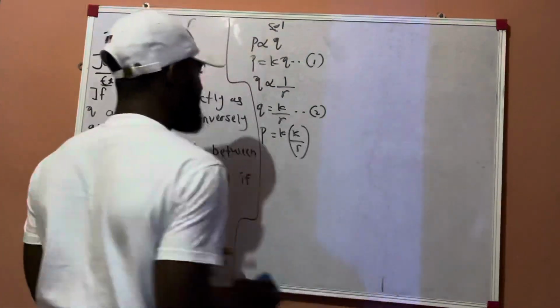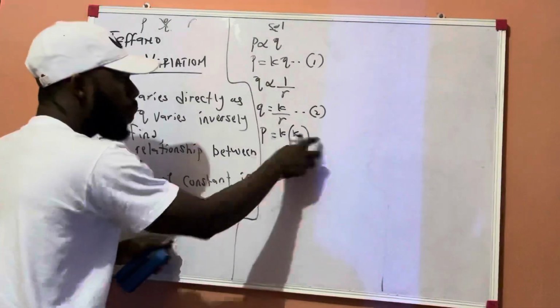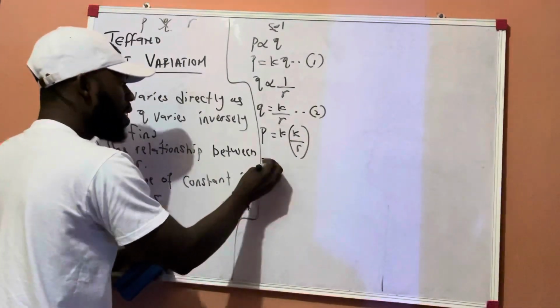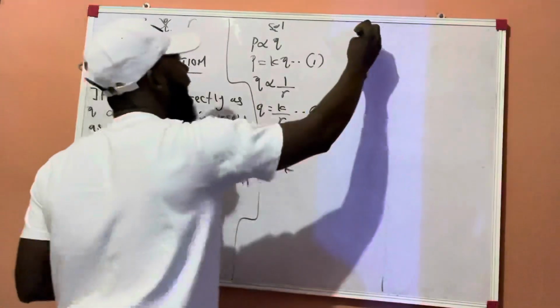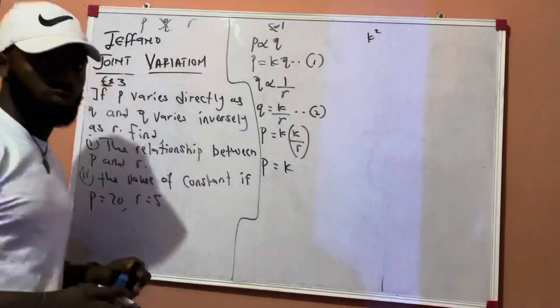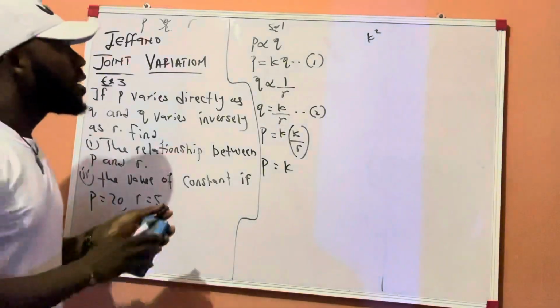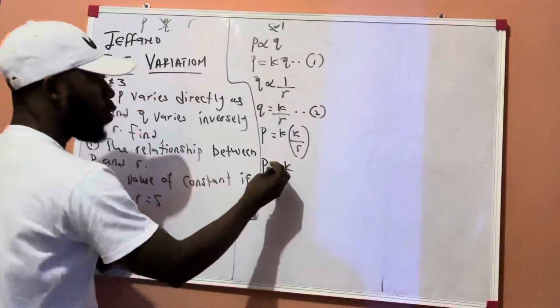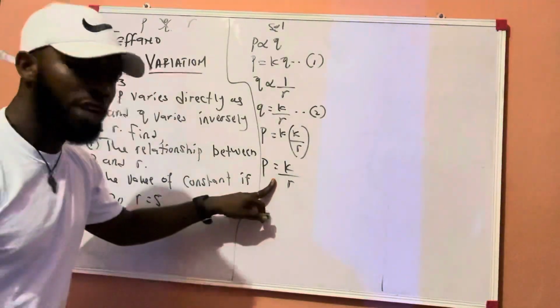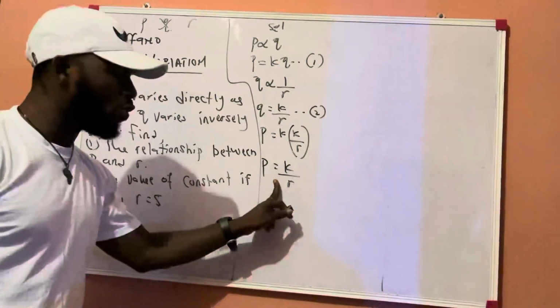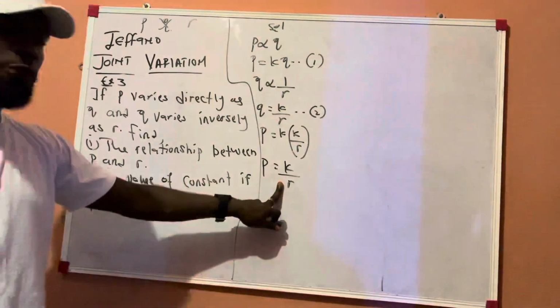It means that opening this bracket, P is equal to constant times constant is constant and not constant raised to power 2, over R. Now, class, you will notice that in this new relationship, there is no more Q. We have finally eliminated Q from the math.